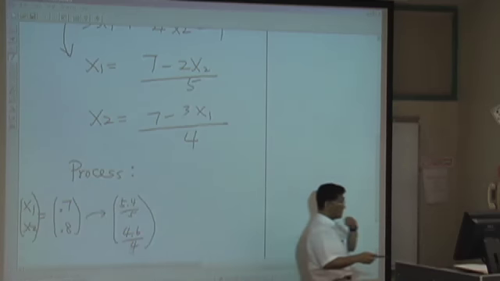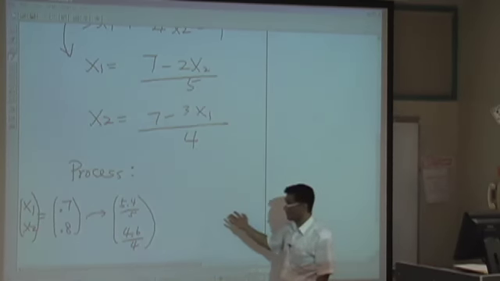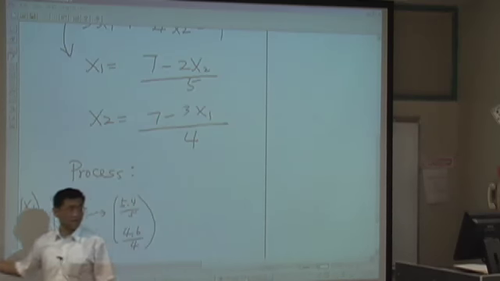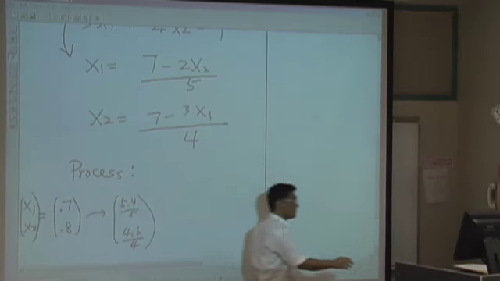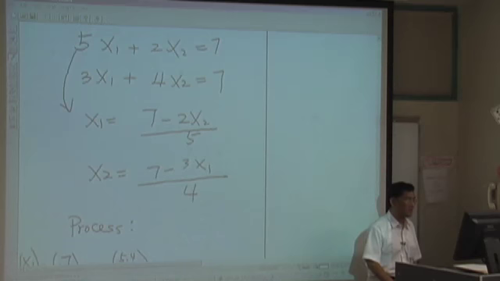So instead of me doing these things, I will let MATLAB do these things. But understanding the idea is very important. Do you completely understand the idea? From the equation, we generate some related equation, right? From this equation, we find this related equation.